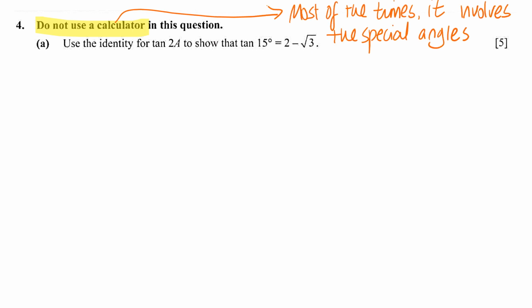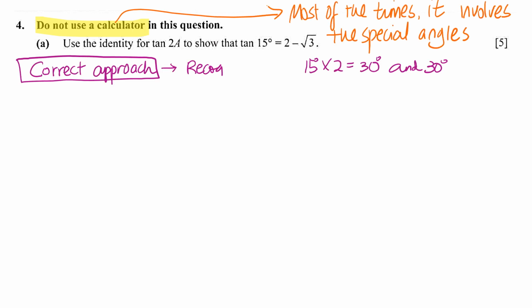Right, and so what are the special angles that we are referring to here? Yes, in this question, recognize that if you take 15 degrees times 2, that will give you 30 degrees, and 30 degrees is a special angle.